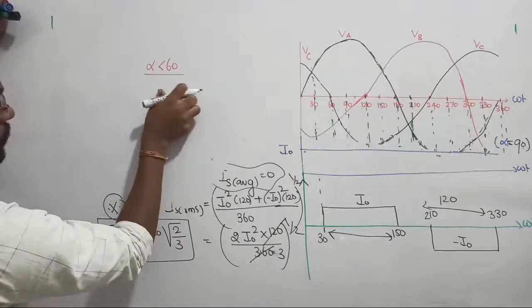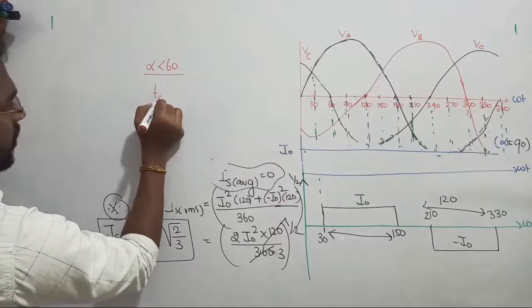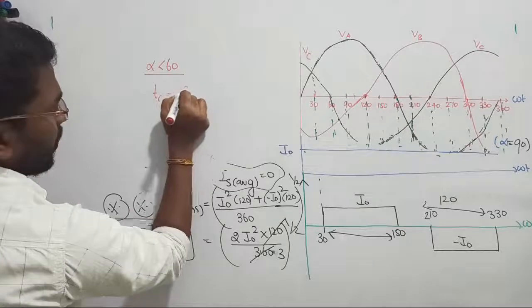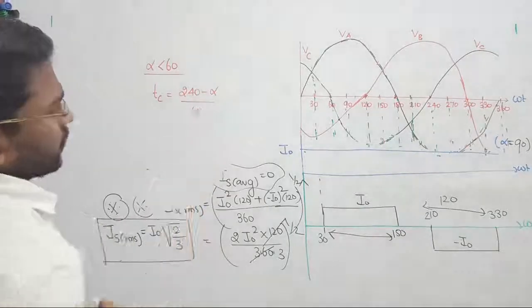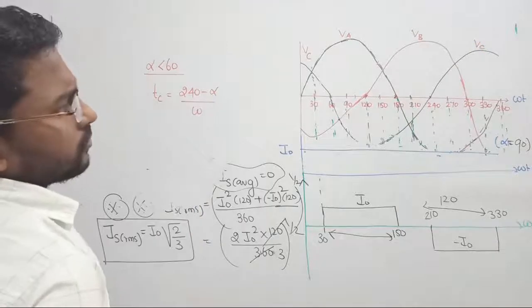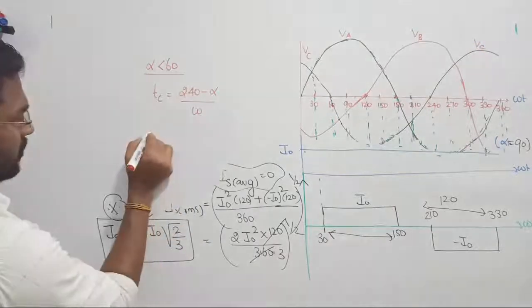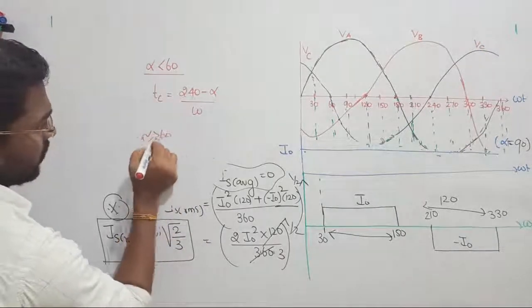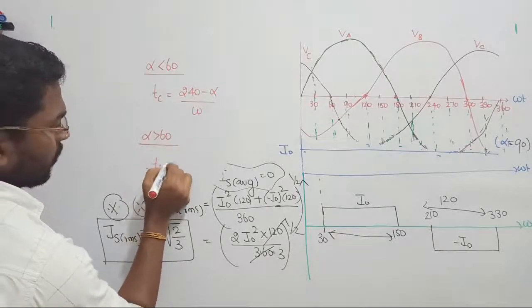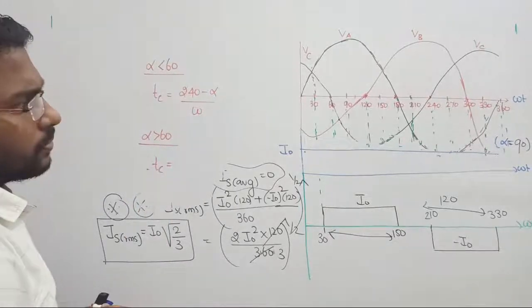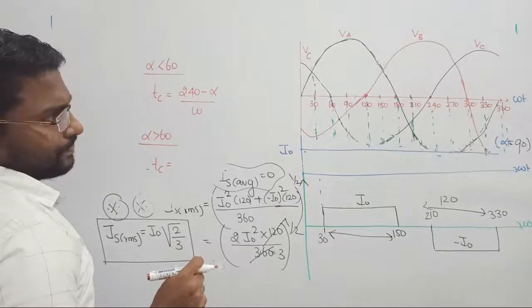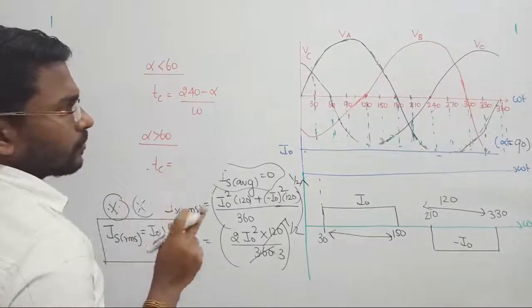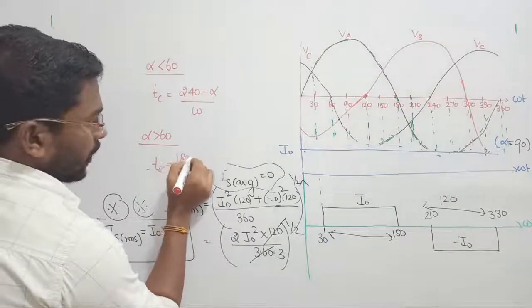wait a minute. Let us estimate the circuit turn-off time, right? It can be written as (240 minus alpha) by omega, right? Yes. Next, if the value of alpha becomes greater than 60, then the circuit turn-off time will become that is 180 minus alpha only.